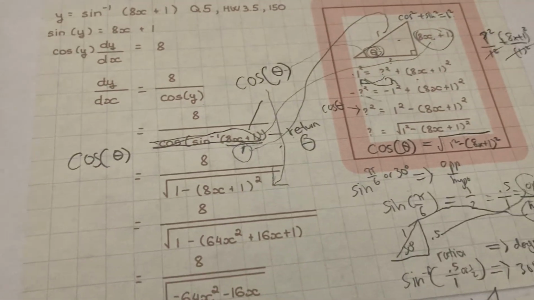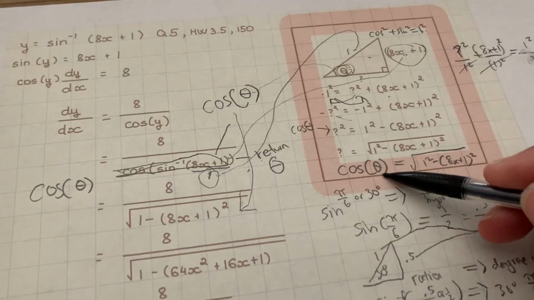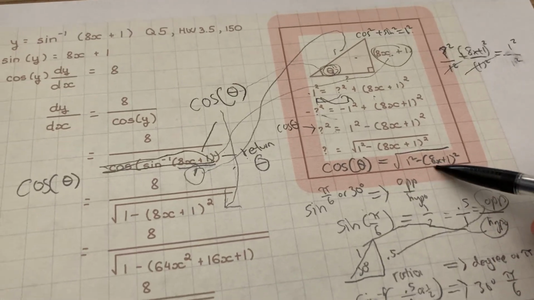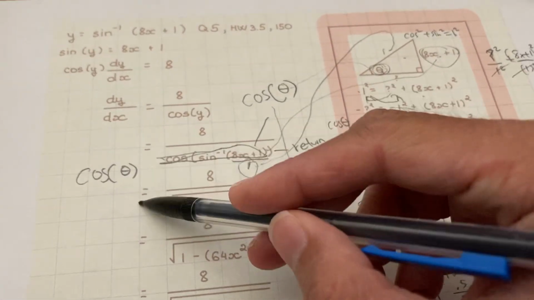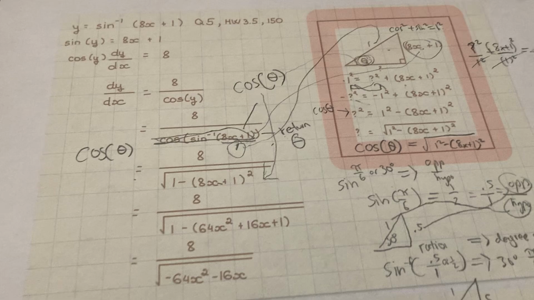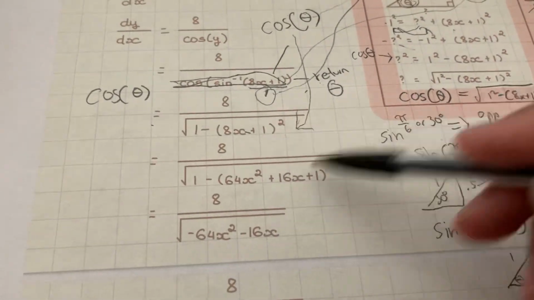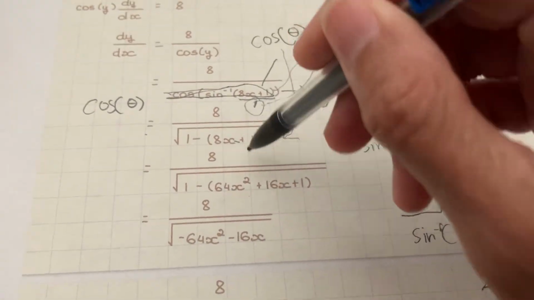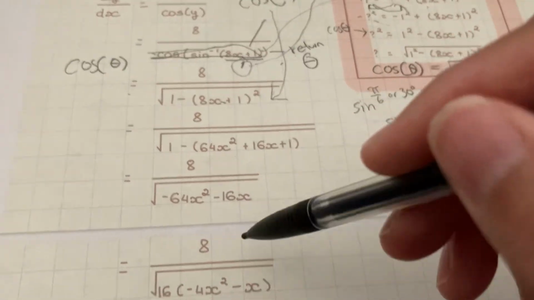And the cosine theta of that triangle is equal to this, so I can replace cosine theta with this, and then you do the algebra stuff. But that's the real thing.